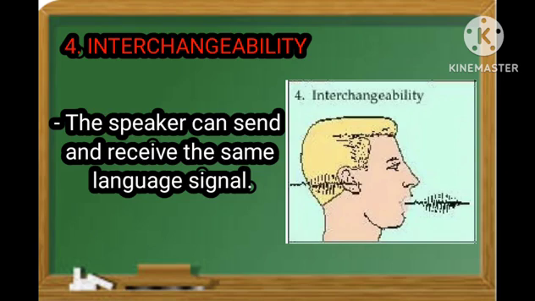For instance, a family member speaking English might effortlessly switch to Spanish when conversing with another family member who prefers speaking Spanish. This ability to interchangeably use multiple languages is a characteristic feature of human language.